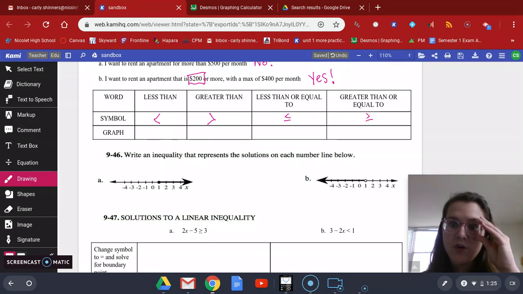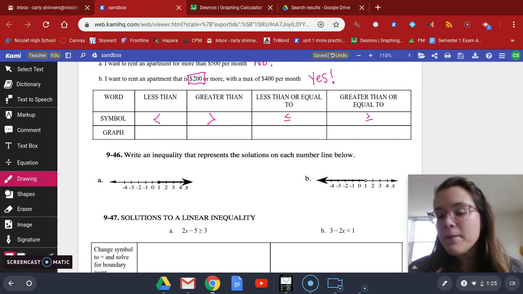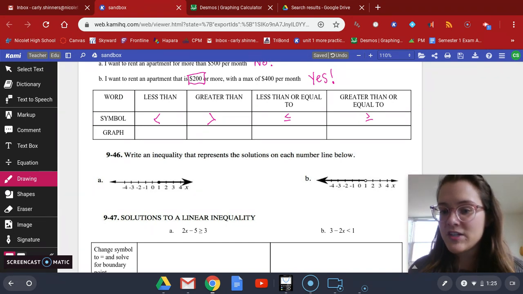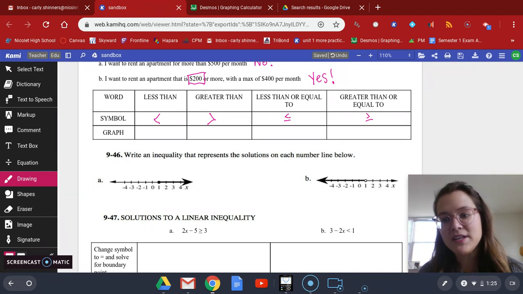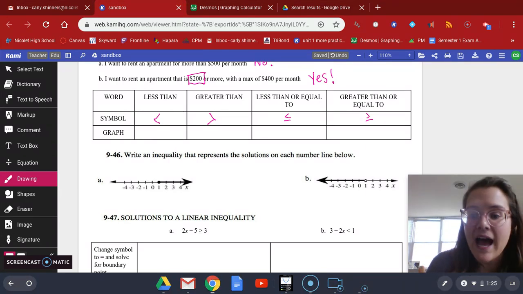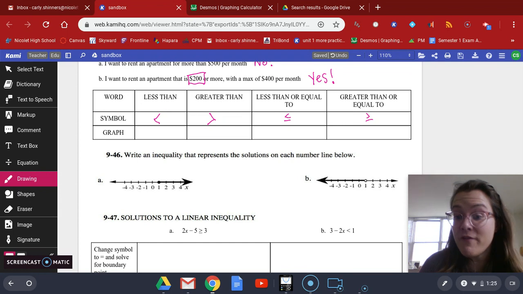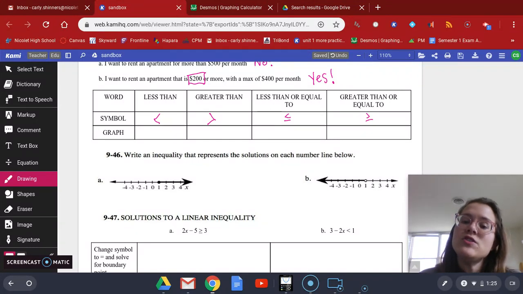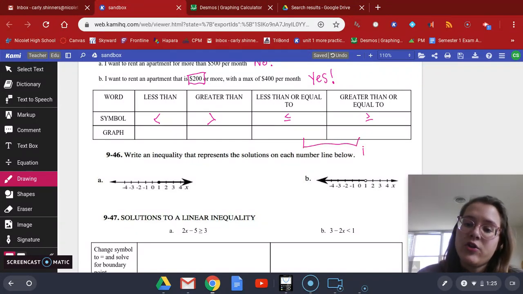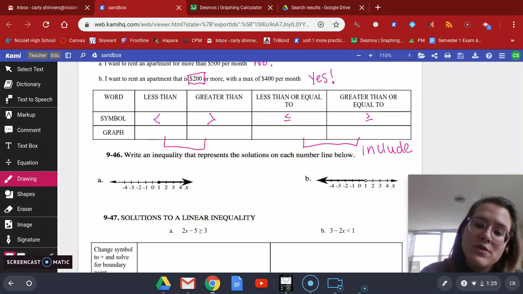Greater than or equal to, right? So think about the or equal to as being like the express checkout lane, where it's like you must have 15 items or less. If I have 15 or 14 or 13 items, I can go in that line. So these two are examples of when we include the boundary point, and these two are when we do not include the boundary, okay?